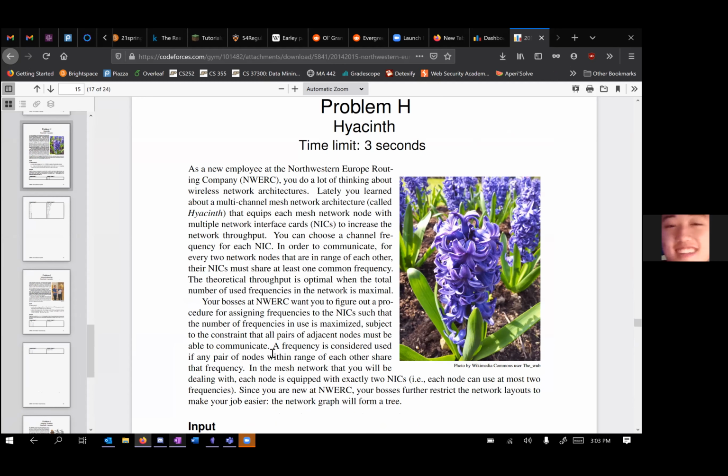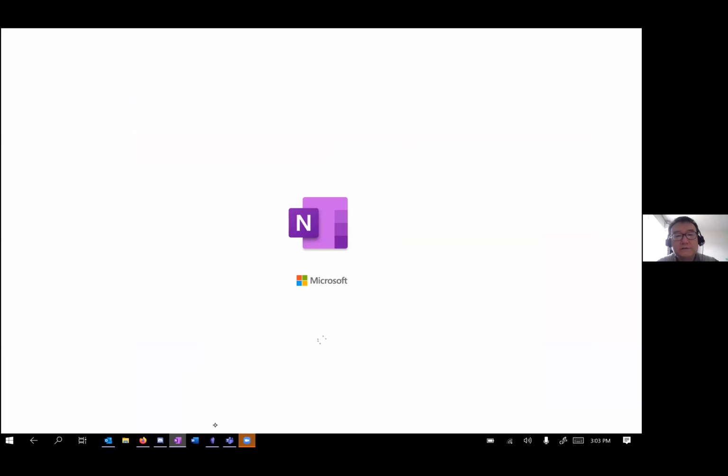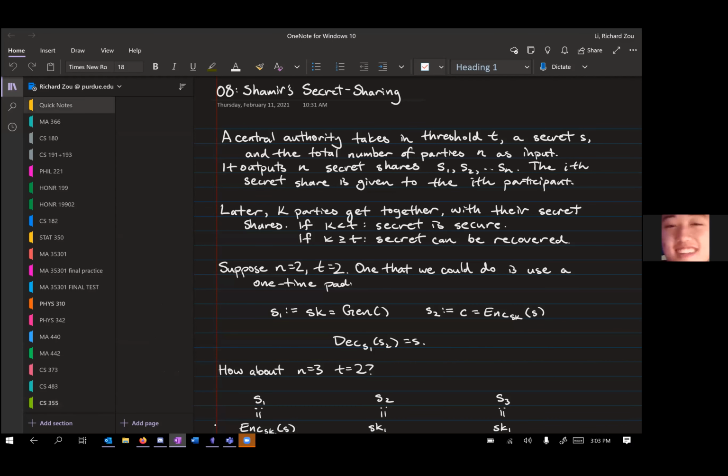So you're given a graph, and each node you can assign two numbers to it. You want to use up as many numbers as possible, where using up a number means at least two nodes that are next to each other share that ID. And it's a tree. Yes, it's a tree. So that makes it really, really easy.